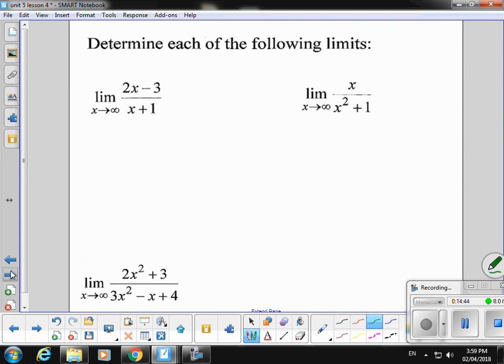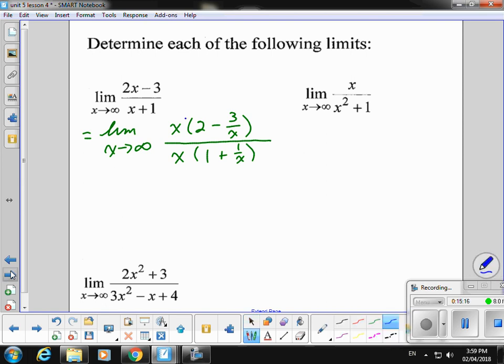Determine each of the following limits. As we approach infinity, I'm asking you to factor out the variable with the highest degree. So that would leave me with the limit as x approaches infinity, let's factor out the x: 2 subtract 3 over x. And on the bottom, let's factor out an x, the largest degree: 1 plus 1 over x. Interestingly enough, the x's divide out.